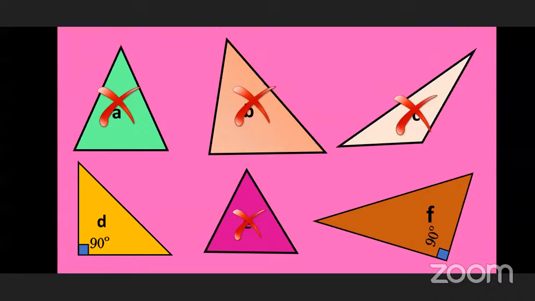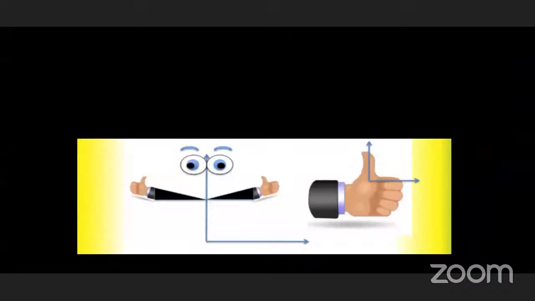You have done a great job of identifying the correct right angle triangle. Now show me thumbs up, children. On the screen you can share the thumbs up or you can show your own thumbs up also. Okay, very good, children. When you show your thumbs up, what do you notice?